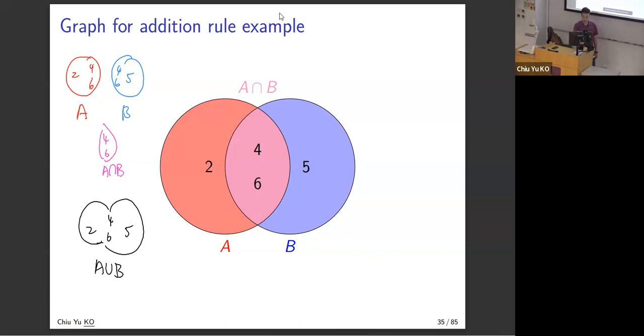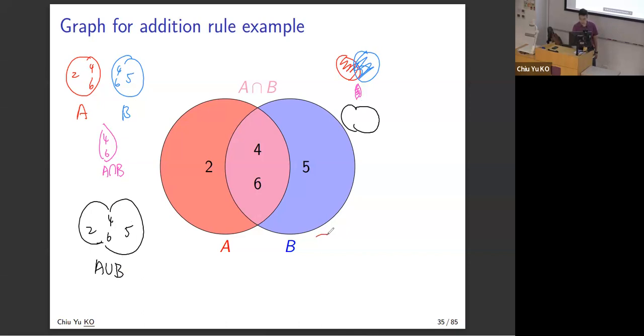Let's look at the thing you learned in kindergarten. Now we have a red circle, and a blue circle, and a pink overlapping part.